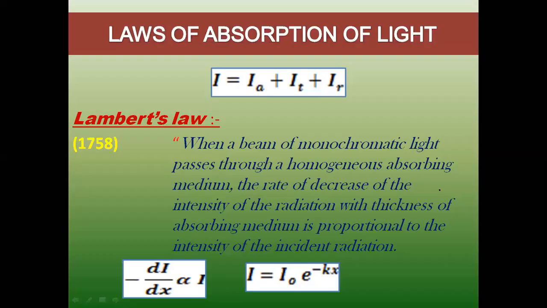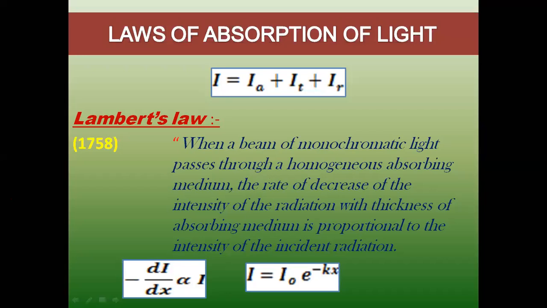So Lambert and Beer are the two scientists who worked on the absorption of light and proposed their laws about absorption, relating the intensity of light to the thickness of the medium and the concentration of the medium, one by one. And these laws are basically utilized in the spectrophotometer and colorimeter.